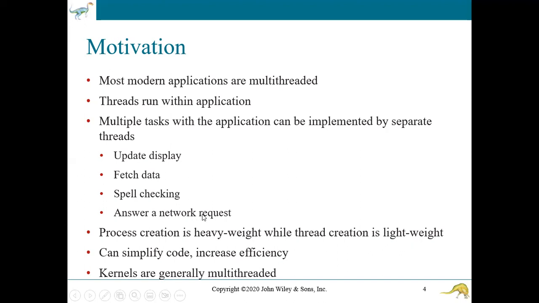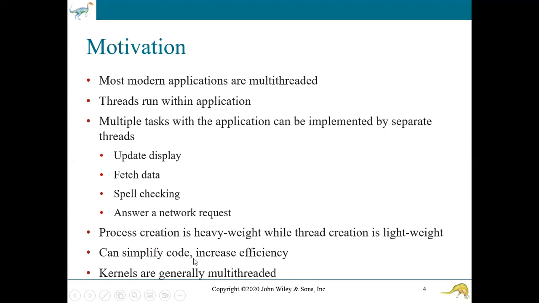Answer a network request. Remember, I was talking about the server farm and so on. Spawning a child process. Process creation is heavyweight, and thread creation is lightweight, because a thread is a piece of code.